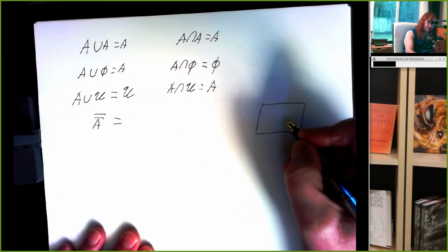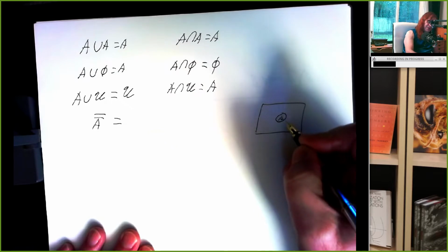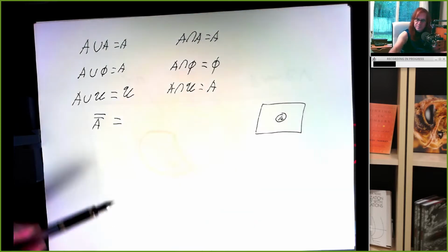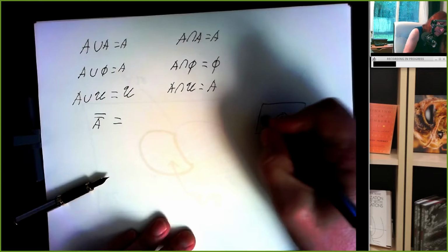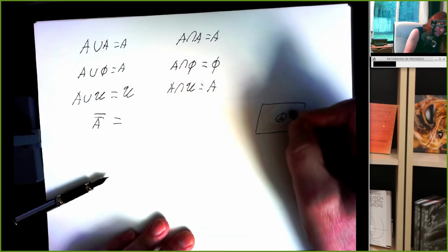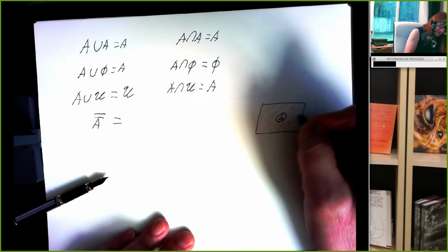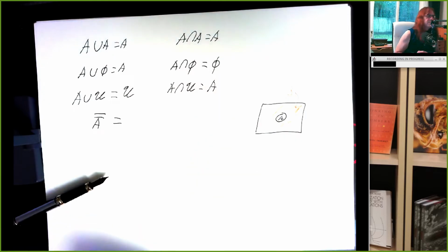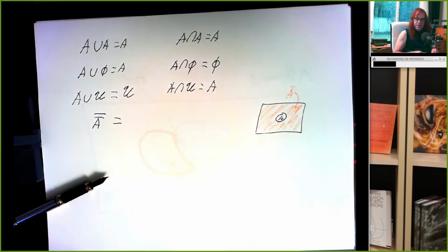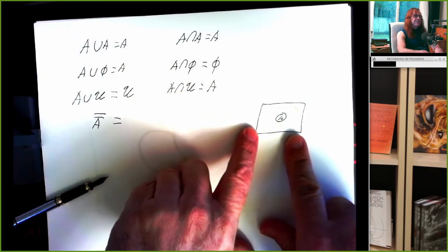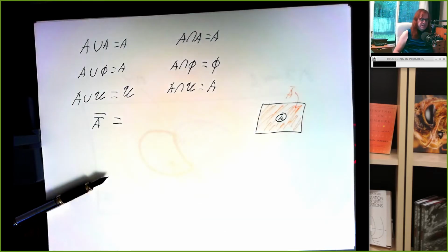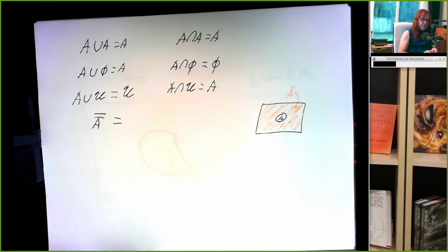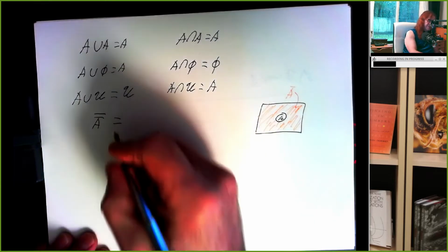Which is just A. So if this is A, then all of this is the complement. And so the complement of that orange-brown set is the set of things that aren't in the orange-brown set. Well, that's just the stuff in the middle. That's just A.